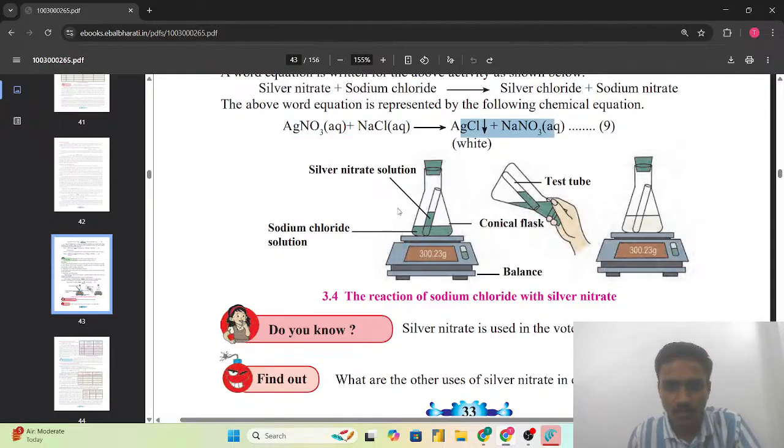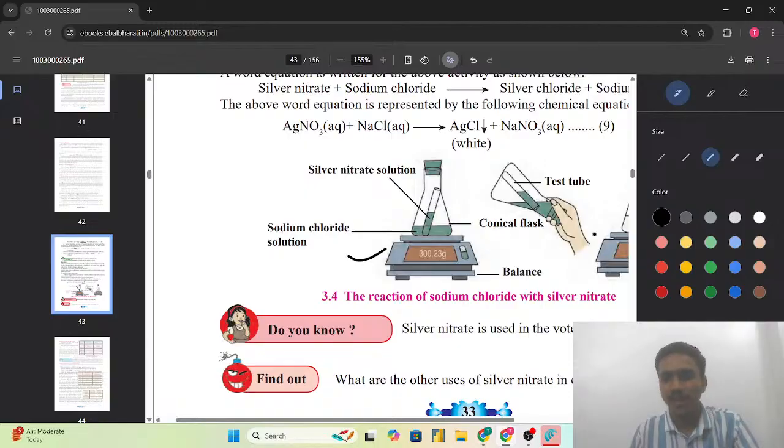So here we can see that the atomic mass is calculated, that is 300.23 gram, and the same is calculated on the other side, that is 300.23 gram. As we can see here, the atomic mass of the reactant and the atomic mass of the product, both are the same. That means it follows the law of conservation of the mass.